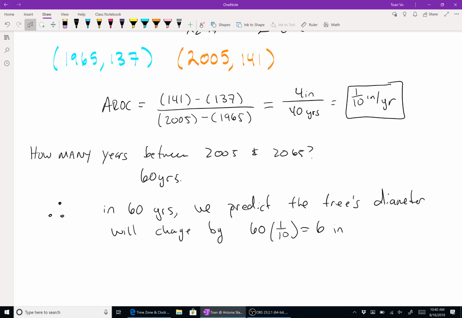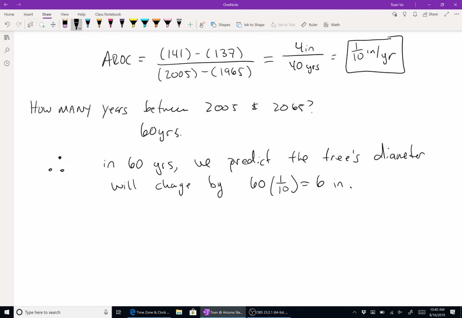Therefore, the diameter is 141 plus 6 equals 147 inches. So those are the two answers to that question: find the average rate of change and use it to predict the final diameter. By using the average rate of change, we only find the net change. So to get the actual answer, we have to add it on to the last diameter.